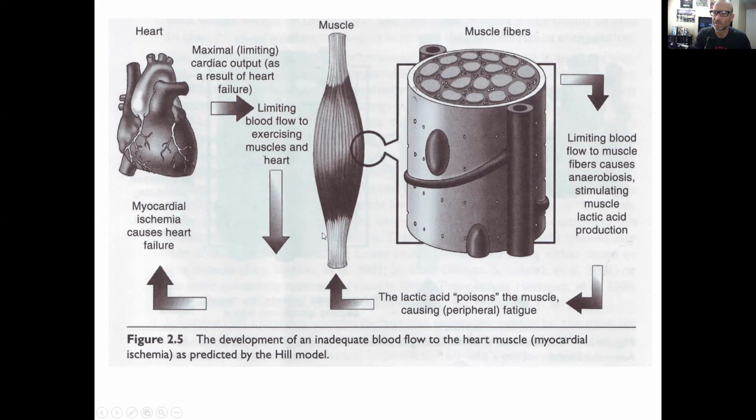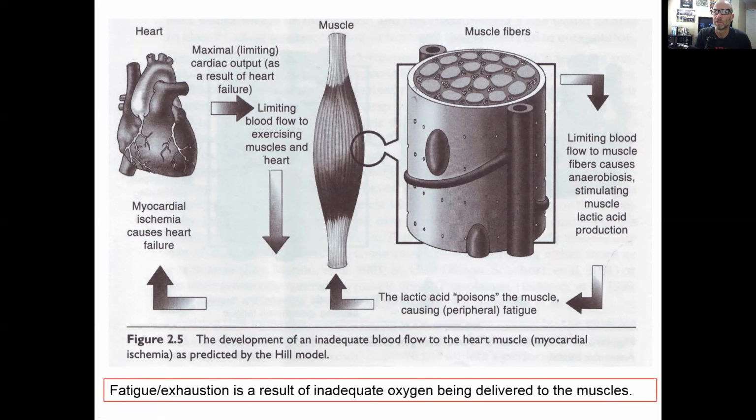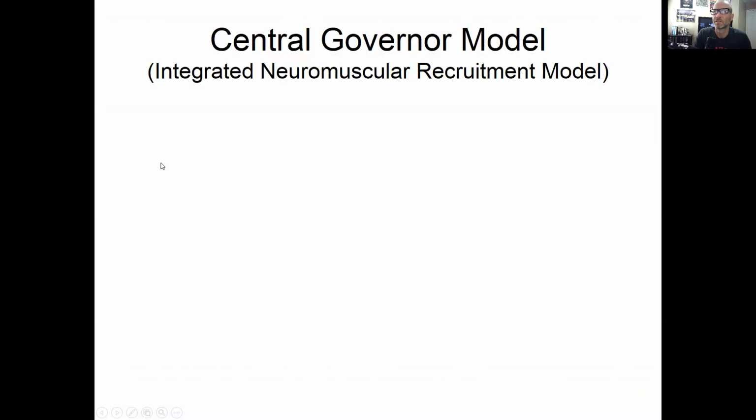Okay, so this is a cardiovascular anaerobic model. In this model, fatigue and exhaustion are a result of inadequate oxygen being delivered to the muscles. And that's because the heart has reached its capacity. And in one sense, that makes sense, but we're going to talk about it a little bit more in just a second here.